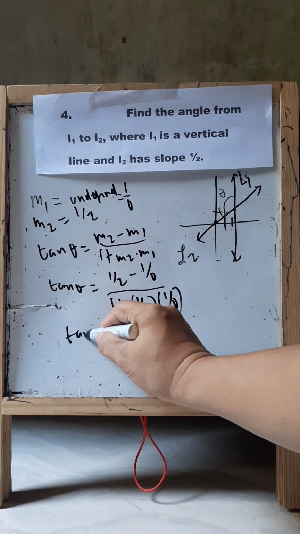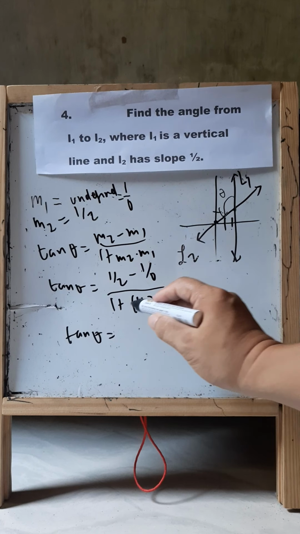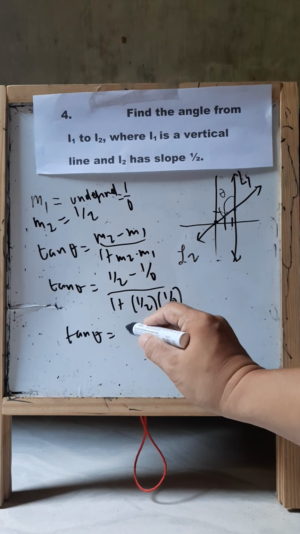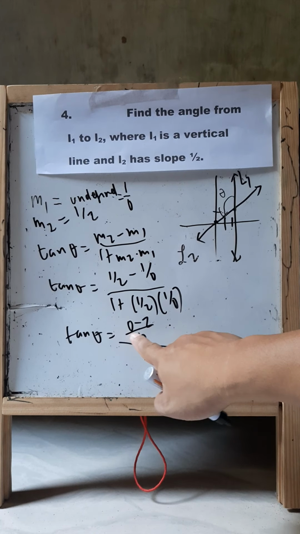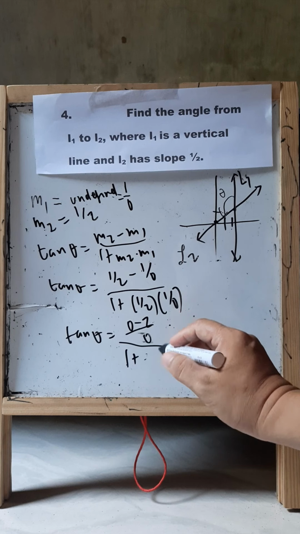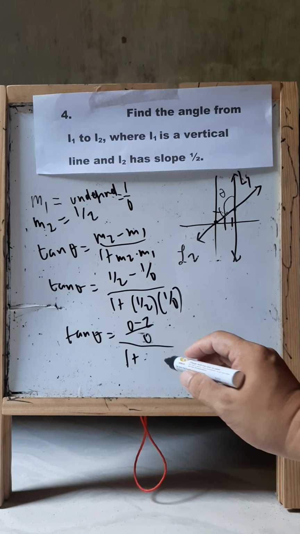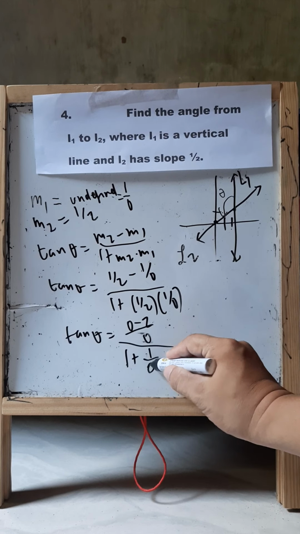Next, 1/2 minus 1/0 is 0 minus 2/0, over 1 plus 1/2 times 1 over 0, which is 0.